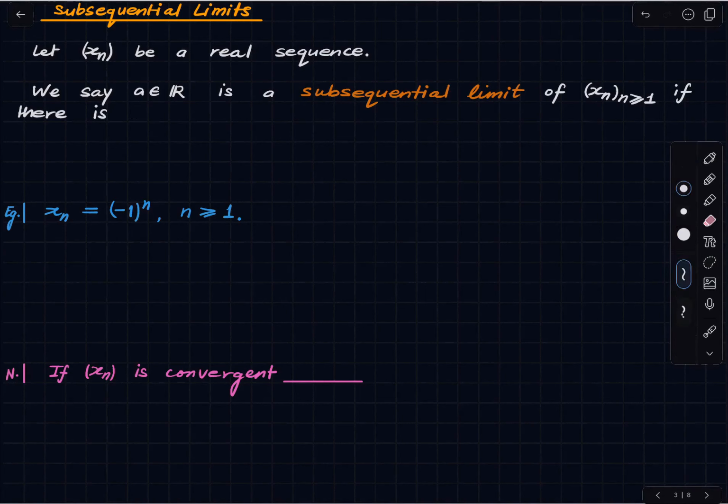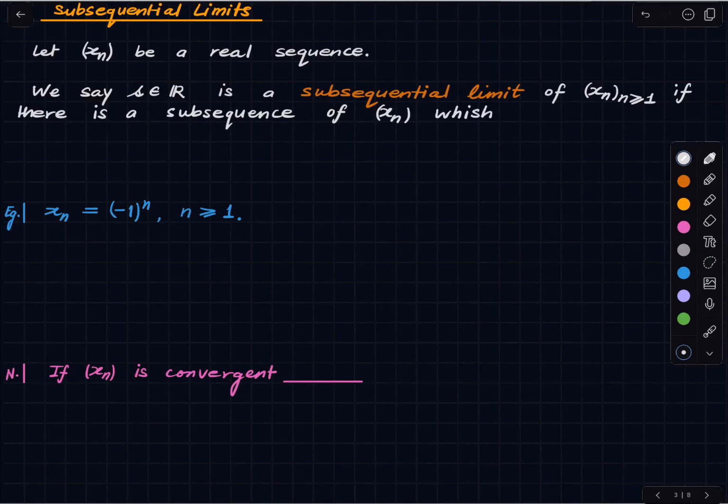Let me maybe call it S. So we say S in R is a subsequential limit of the given sequence if there is a subsequence of the given sequence which converges to S. Very natural definition. So the name has been aptly chosen. We say a real number is a subsequential limit if it is the limit of a subsequence. All right, fine, nothing very deep going on.